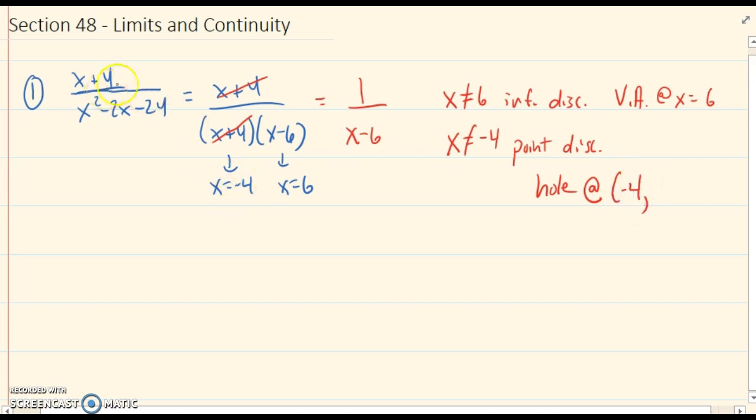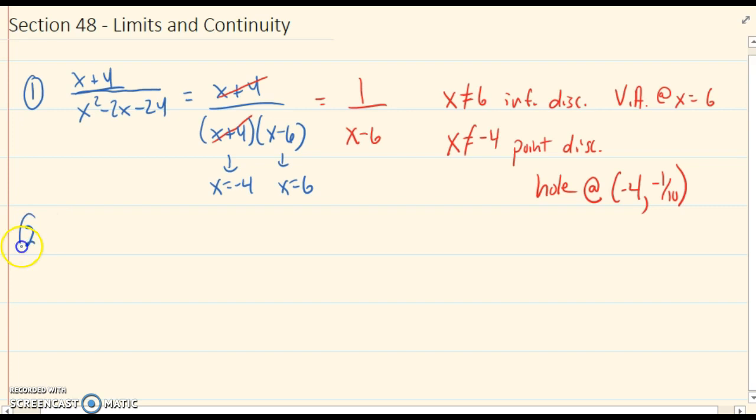If we plug that value into the original, we would get 0 over 0, which doesn't help us do much of anything. But we are going to plug it into the simplified, reduced rational function, because that tells us what the function wants to act like when we get to negative 4. When I plug negative 4 in here, I end up getting negative 1 over 10. So if I were to graph this function, I would see very minutely, but it's there, a hole at the point negative 4, negative 1/10.